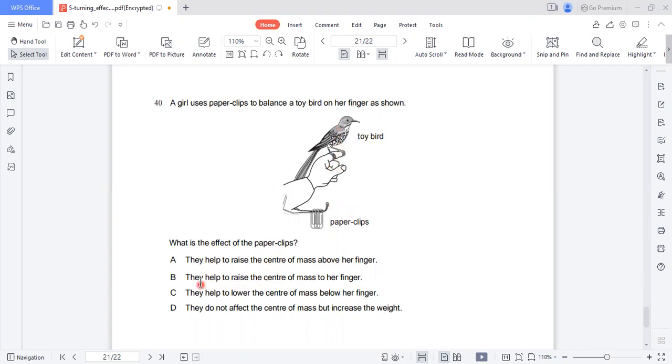That looks incorrect. They help to raise the center of mass to her finger? Like in the previous case, one option says above, and another says below her fingers. They help to lower the center of mass below her fingers. They do not affect the center of mass, but increase the weight. Yes, they help to lower the center of mass. This option looks fine.